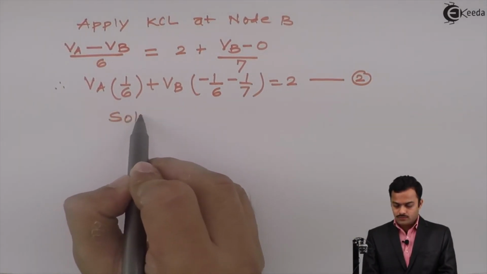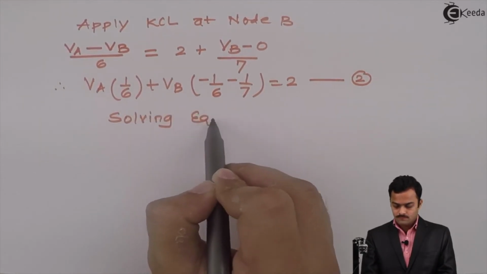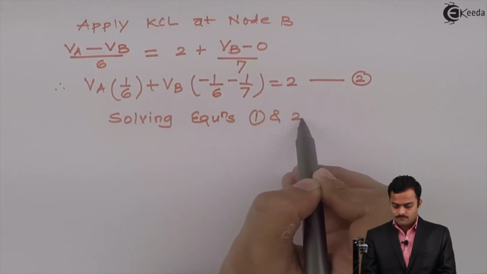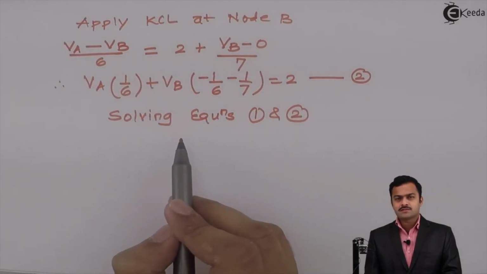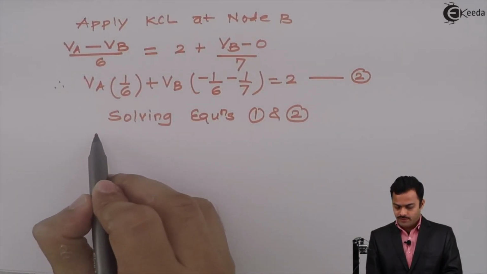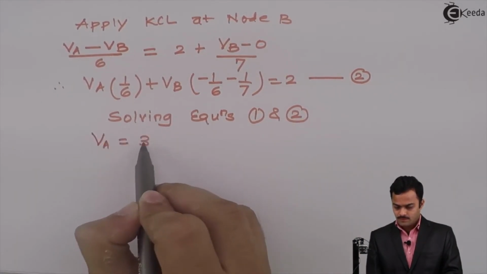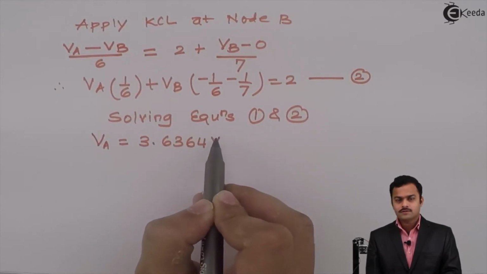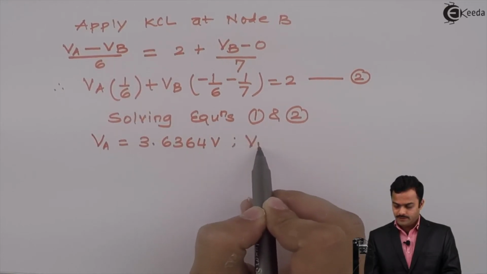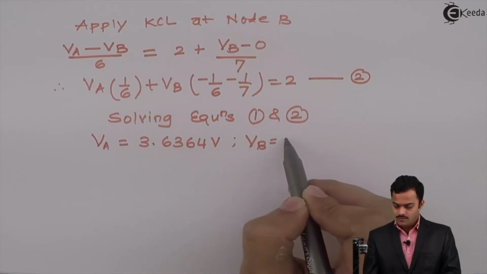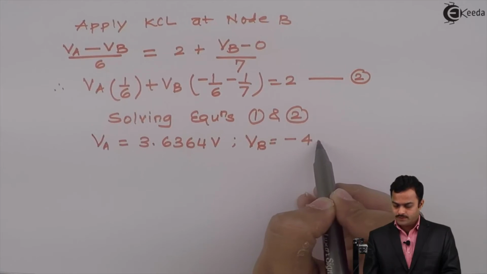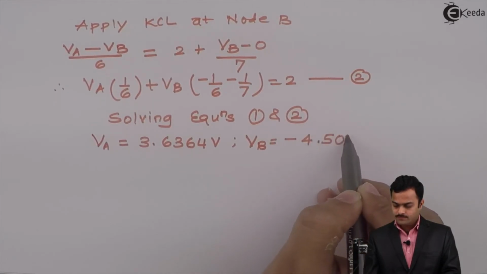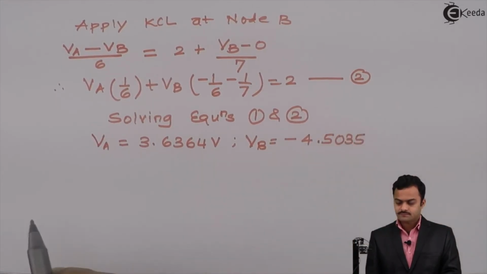Solving equations 1 and 2, I will get VA as 3.6364 volt and VB equal to minus 4.5035.